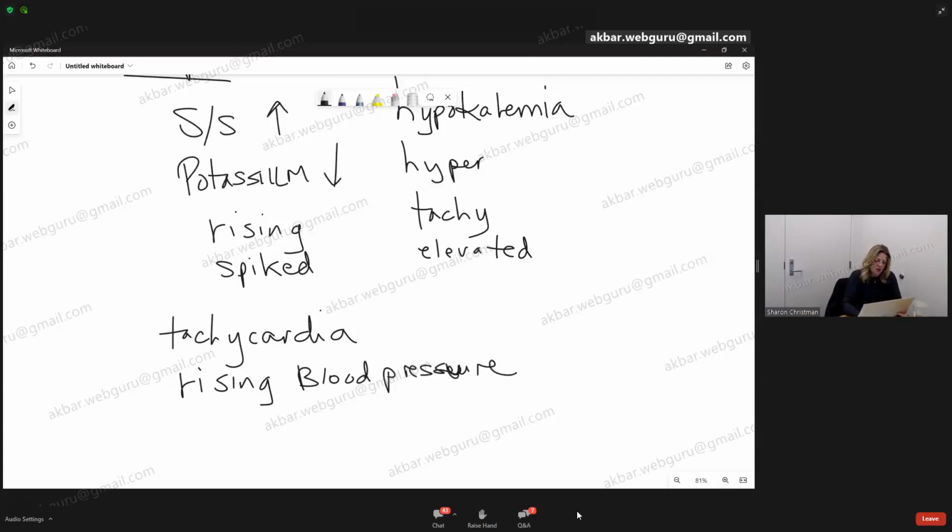Pressure, that's supposed to be U-R-E. My handwriting is terrible, apologize. Okay, tachycardia, rising blood pressure. We could say hyperreflexia, or, I mean, they don't have to say that. They could say plus 4 out of 4 reflexes.